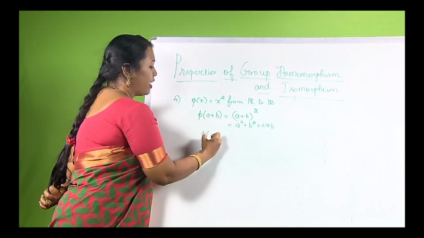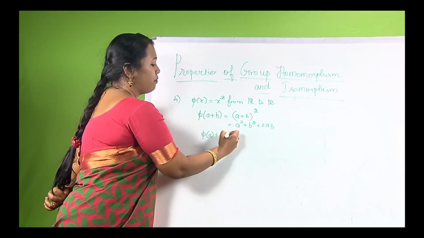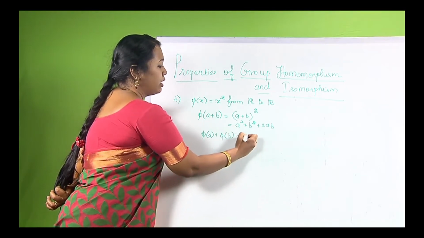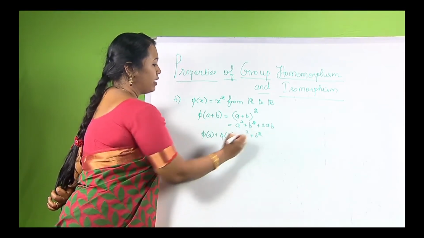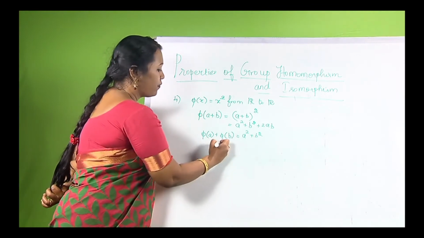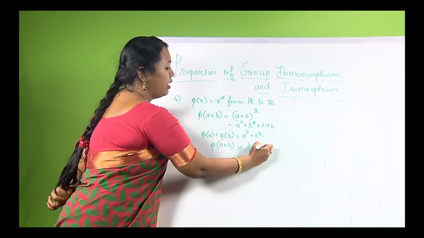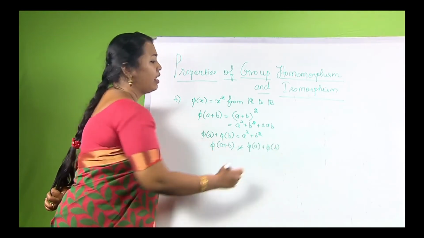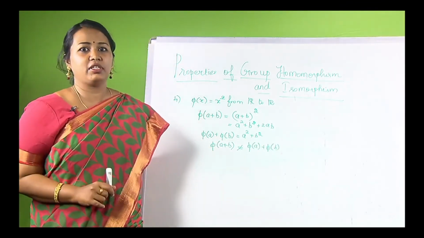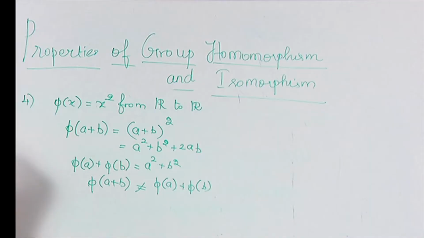But phi of a plus phi of b is equal to a squared plus b squared. Clearly, phi of a plus b is not equal to phi of a plus phi of b. Hence, this particular function is not a homomorphism.